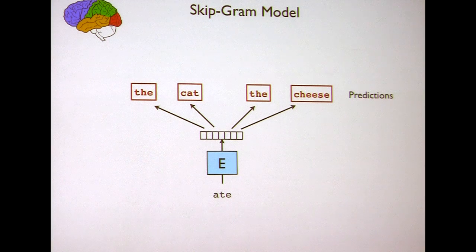And so the hope would be that I'm able to do that. And if I am, great. If not, then I'm going to make little adjustments to the embedding vectors to move 8 around and move cheese around so that I'm better able to make that prediction. Same way you would do stochastic gradient descent. You're just doing that here, and you're pushing not only the neural net layers, but also the embedding vectors around.